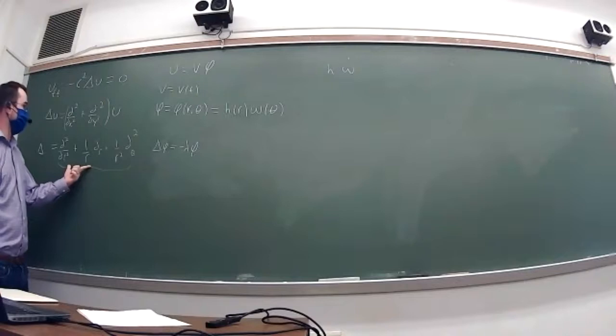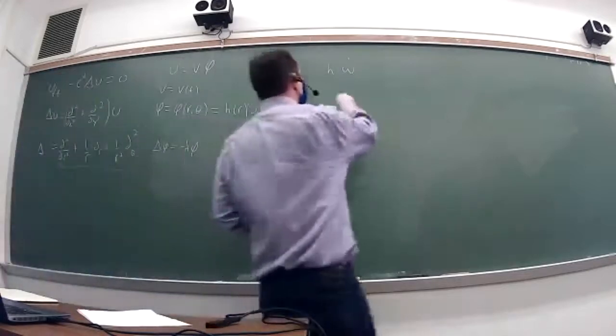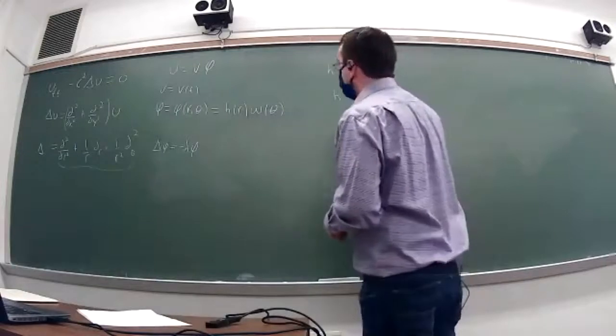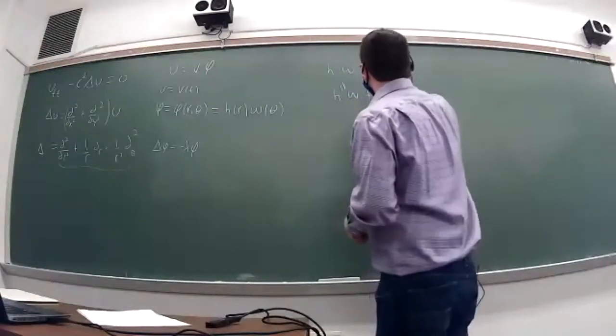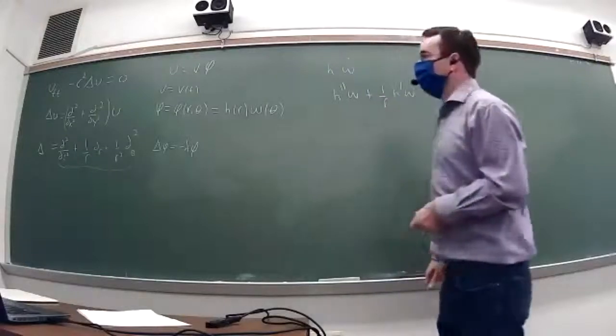What's going to happen when I take d squared dr squared to that function? Because this is a function of r, it turns into h double prime omega, and then I add to it 1 over r times h prime omega.